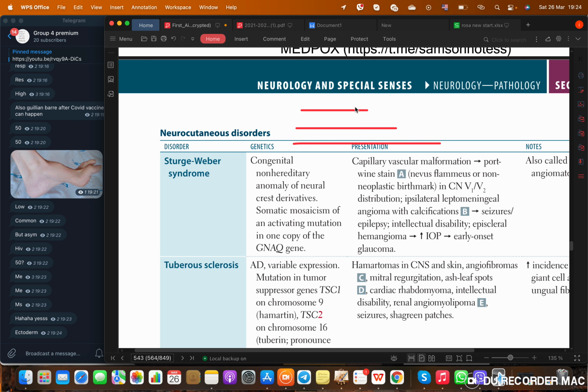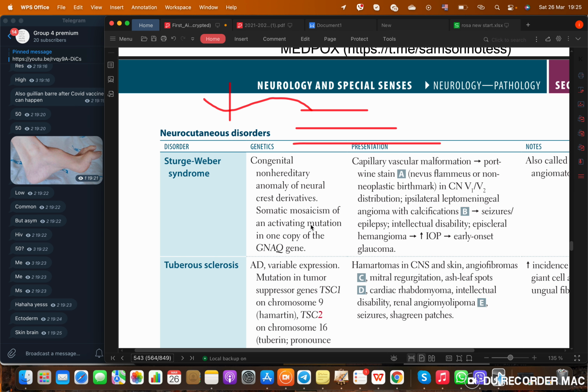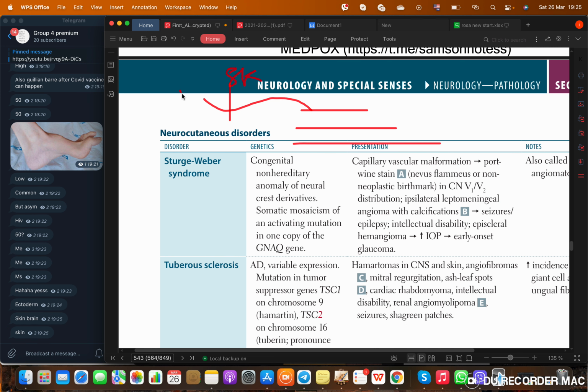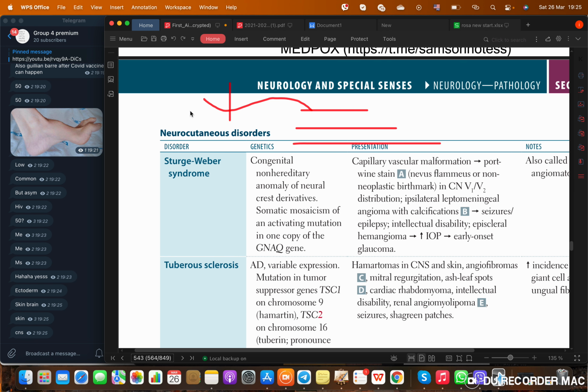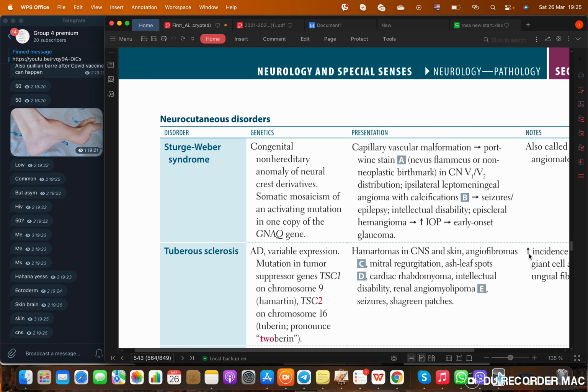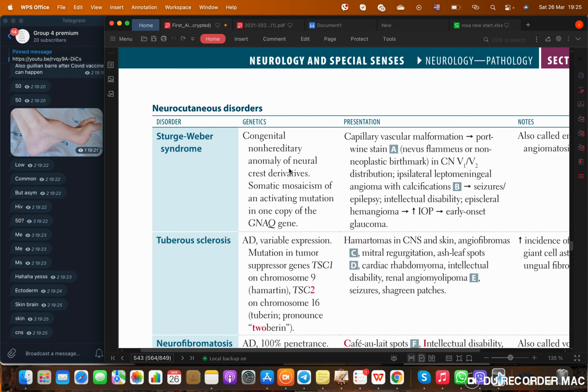From the ectoderm, we have two structures coming out. Does anybody remember what the two structures are? The skin and the neural plate, which is basically giving the CNS. You are right. That's why people with CNS and nerve problems are also going to have skin symptoms.